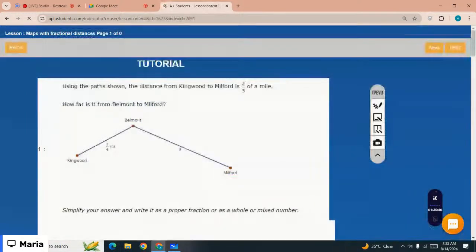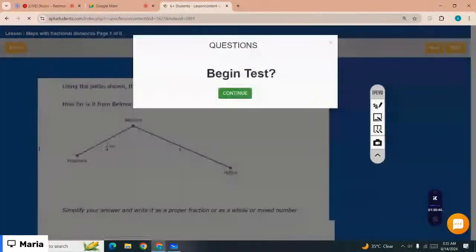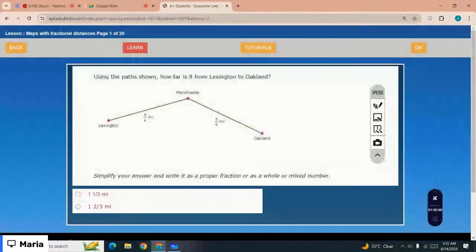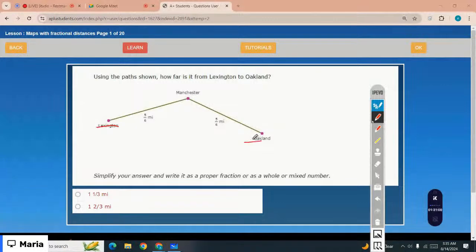Okay, let's just start with test questions. You can have a look at the tutorial one by yourself. They are already solved. Okay, so the first one is using the path shown, how far is it from Lexington to Auckland? So you have to find the distance between Lexington and Auckland.